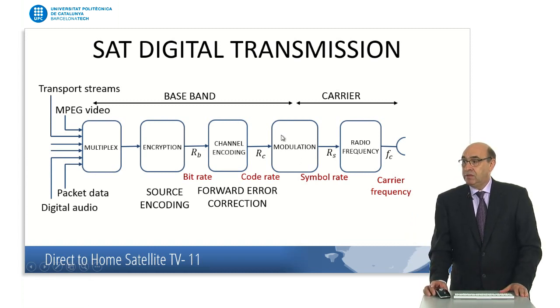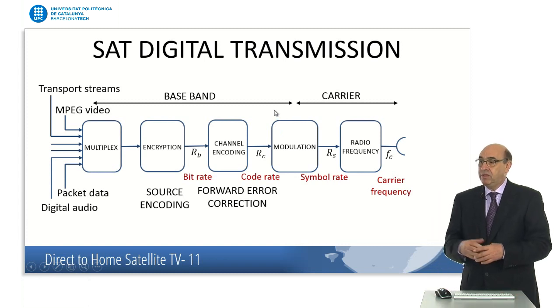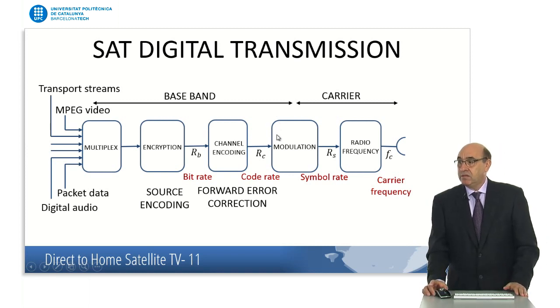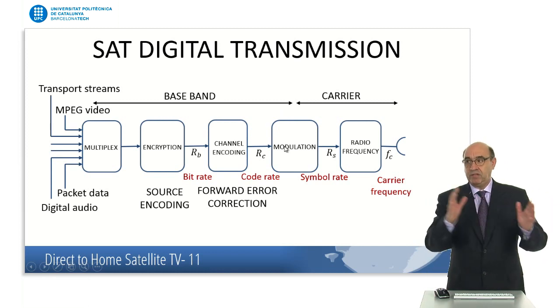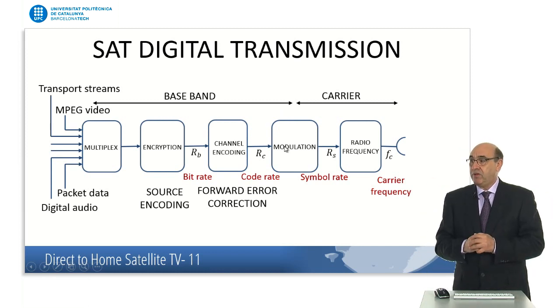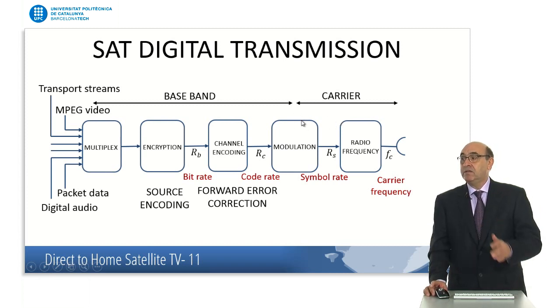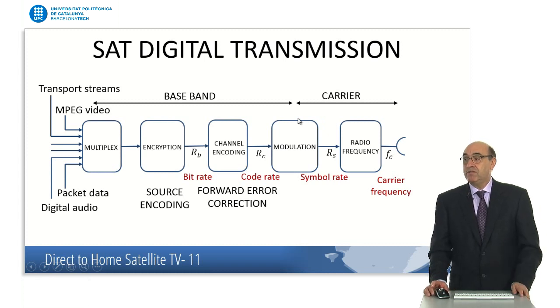Up to the modulation level, we call those signals and those frequencies we are using baseband. We denote that this is just the basic information we want to send. Since the modulation process is nothing more than just shifting the information to a carrier frequency, this part is associated with the carrier frequency, and this is just in a very high frequency band, but it contains the information.